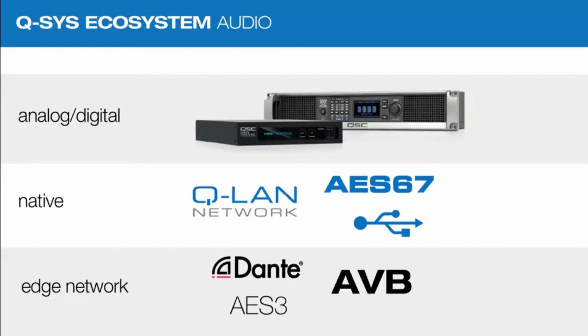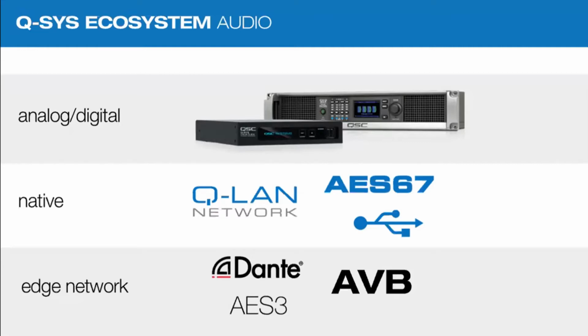Most recently, as of last week, the Core can natively receive and send Dante audio streams with no additional hardware. That's also a major benefit of being a totally software-based ecosystem: in a single firmware update, we can roll out major new features. With a hardware-based DSP, you would need to add a Dante Brooklyn card to add Dante functionality, but for us, it's just a firmware update.